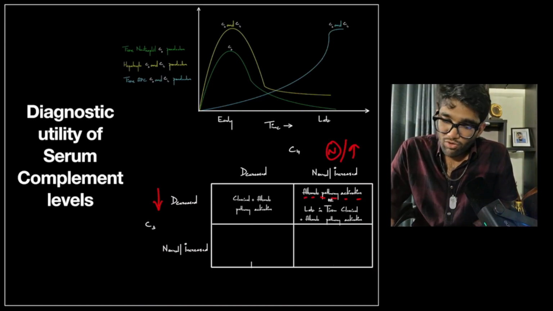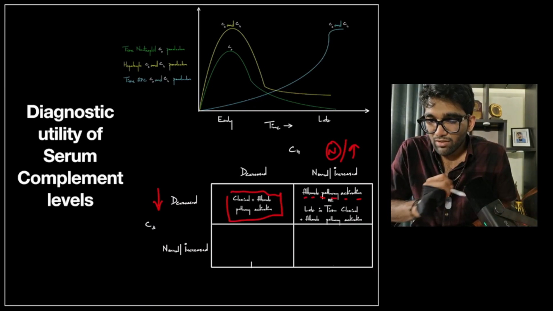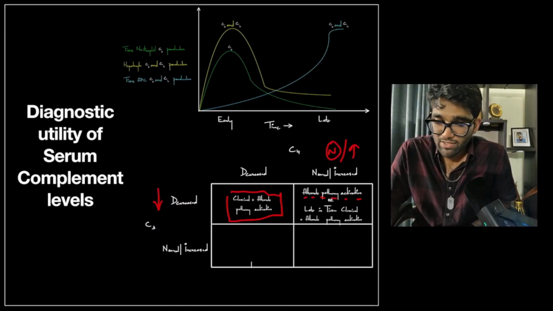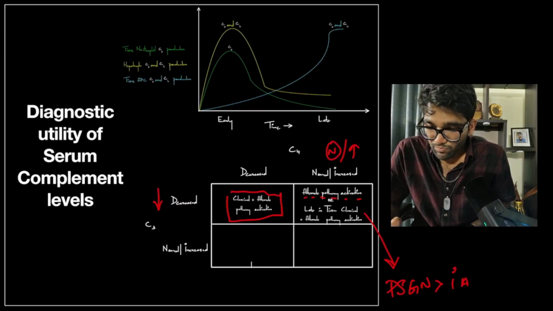Okay, so that isolated reduction happens in alternate complement activation. However, it also happens with late stages of classical plus alternate complement pathway activation. Like we discussed, this would specifically entail post-streptococcal GN or more than other infection associated GNs, glomerulonephritis.